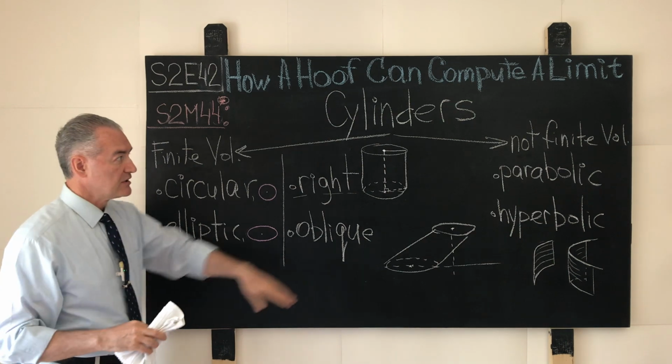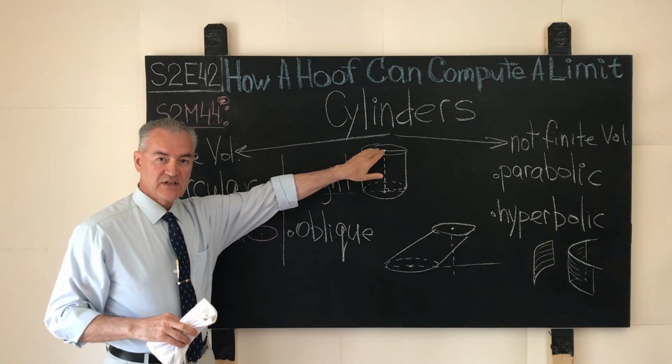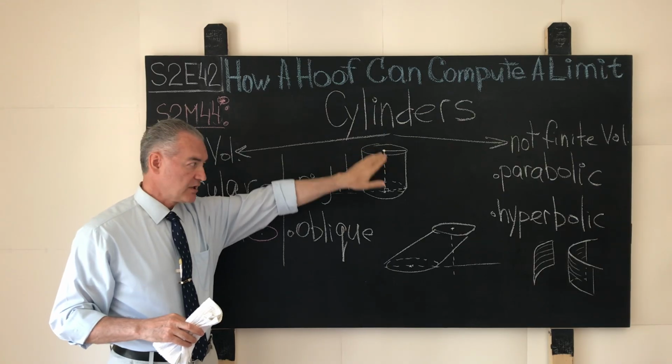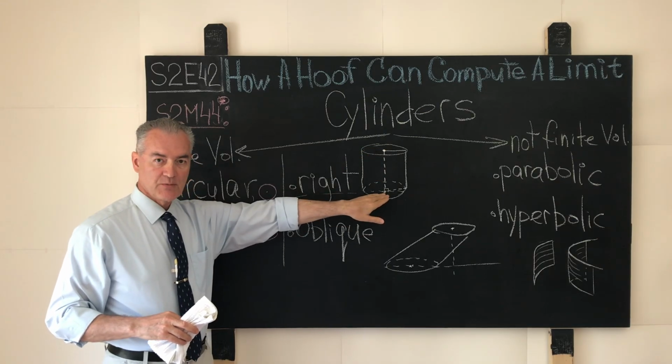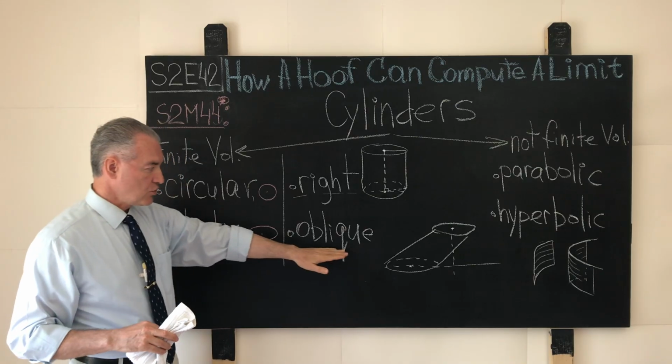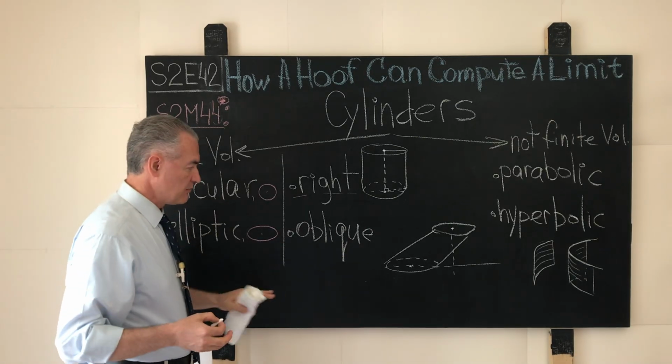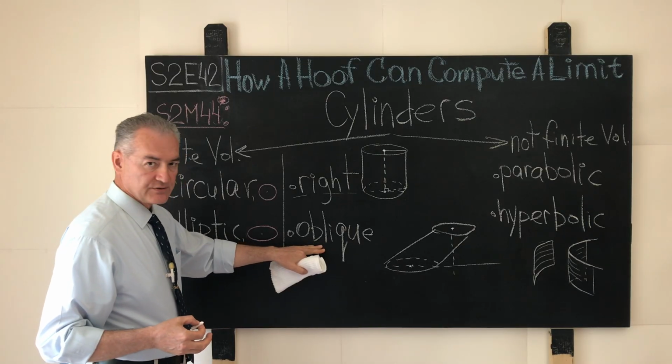Otherwise, if the center of the top face of a cylinder does not project orthogonally onto the center of the bottom face, such a cylinder is called oblique.